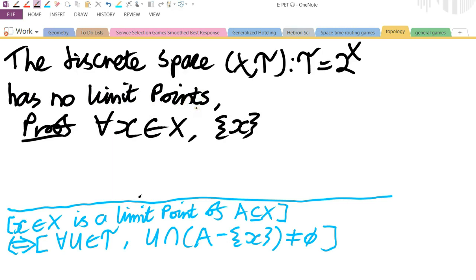So no matter what set A we're thinking about limit points with respect to, there's no way that this little x could be a limit point of that set, because there is an open set which contains that little x and only that little x. Therefore, there's just no way that this condition could ever be met. So yes, the discrete space has no limit points.